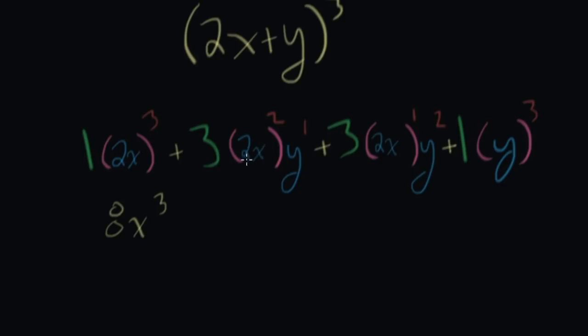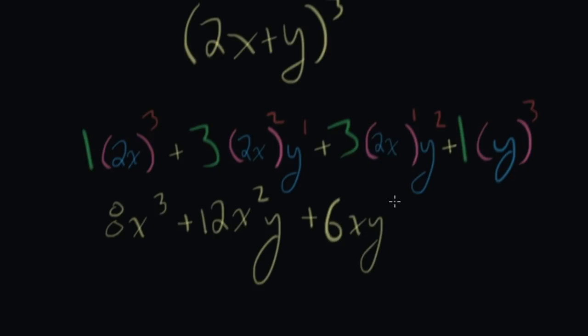The square of 2x is just going to be 4x squared. 4x squared times 3 is going to be 12x squared. Don't forget the y. Over here, this is pretty straightforward. This one just ends up being 6xy squared. And finally, we're just going to cube the y. And there you go. Easy peasy, as they say.